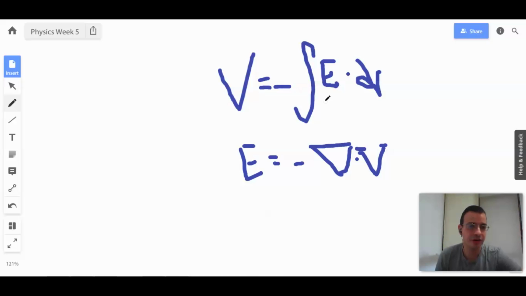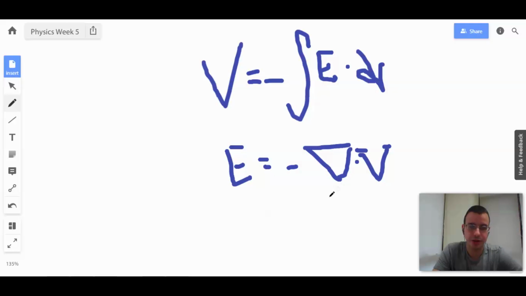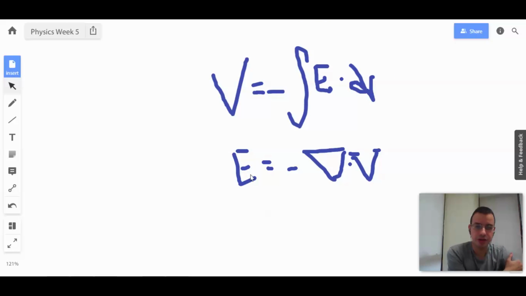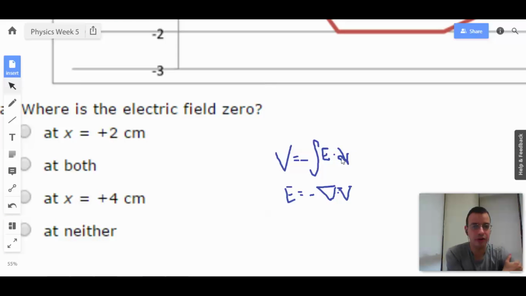You do the integral here; to get rid of the integral, you take the derivative. These are supposed to be vectors, but I'm too lazy to put them on. So the derivative of voltage is the electric field. Voltage is the negative integral of electric field with respect to r.